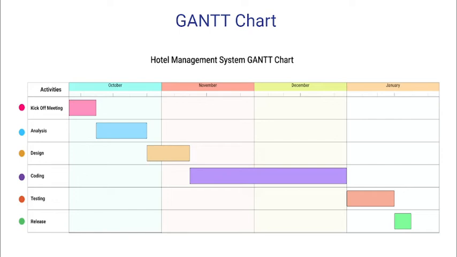We also found out how many types of users will be in our project, what their functionality will be, and what the non-functional requirements will be to maintain our software. Our analysis lasted about 15 days, from October 10th to October 25th.